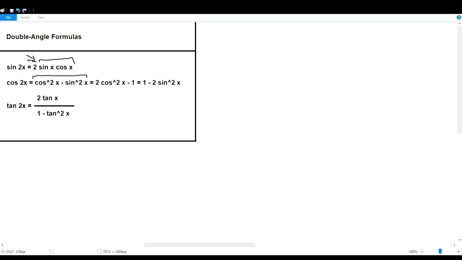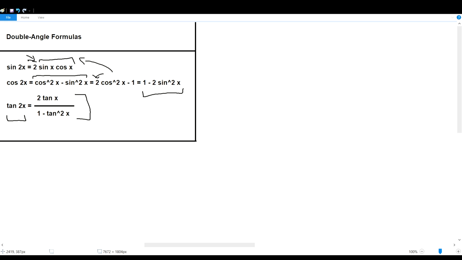Or, similar to what you did up here, you could take the 2 out, 2 cosine squared x, and then subtract 1. And then additionally, you could have 1 minus 2 sine squared x. Tangent is different. You have 2 tangent x over 1 minus tangent squared x for the tangent of 2x.